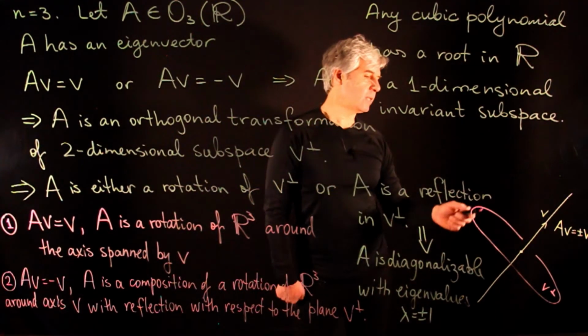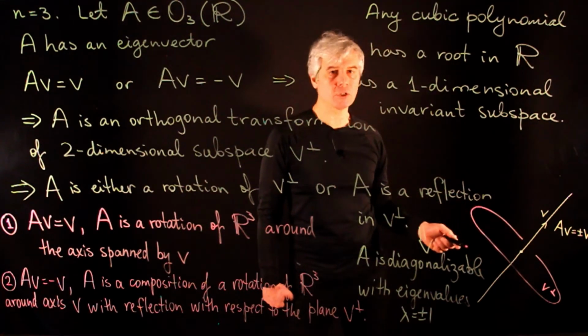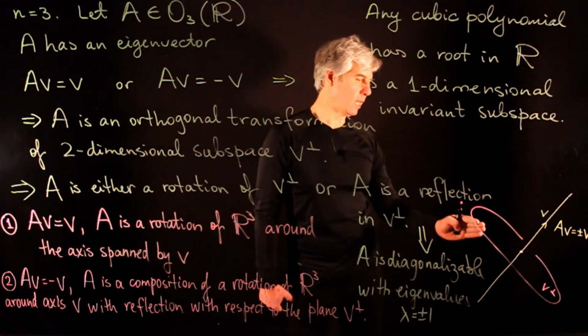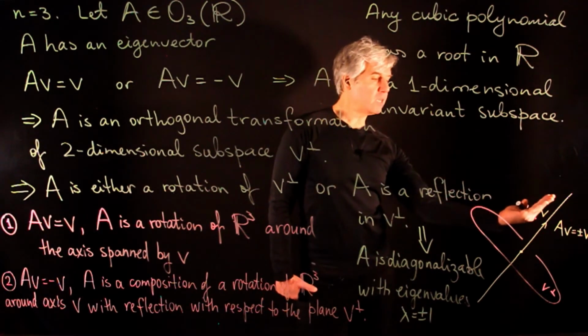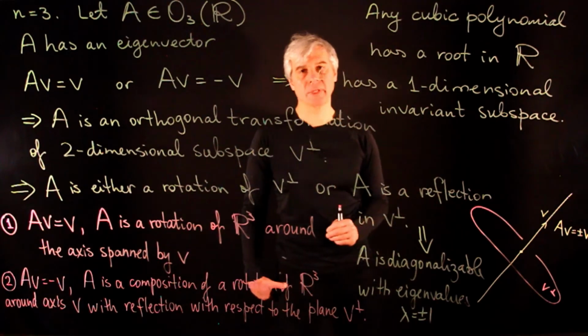So what we will have is a plane in a three-dimensional space, and the transformation is a rotation in this plane together with mirror symmetry with respect to this plane.